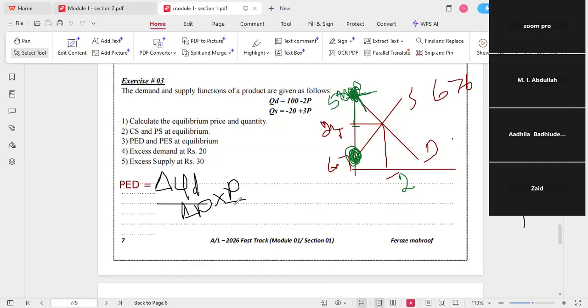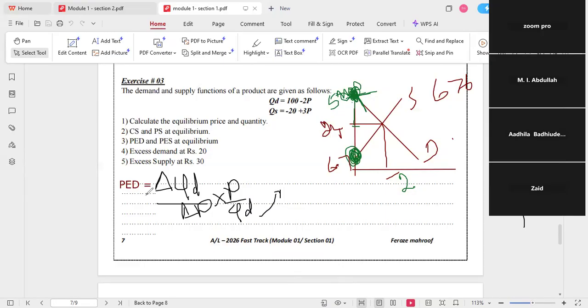This is the only equation you will start with to find the PED.